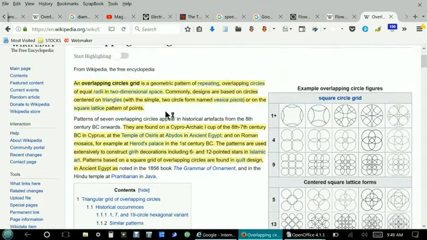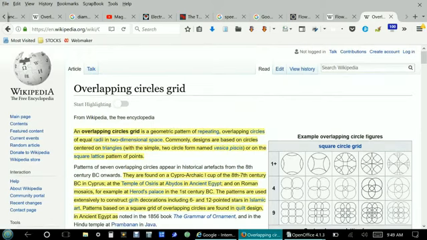represents nature. So here we have the overlapping circles grid. It's a grid of geometric patterns repeating overlapping circles of equal radii in two-dimensional space, again flat space. Common designs are based on circles centered on triangles with the simple two circles forming the Vesica Pisces, or what we could call this vessel in the center of everything.